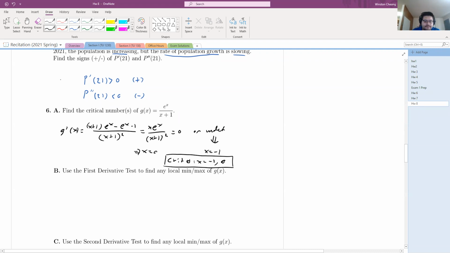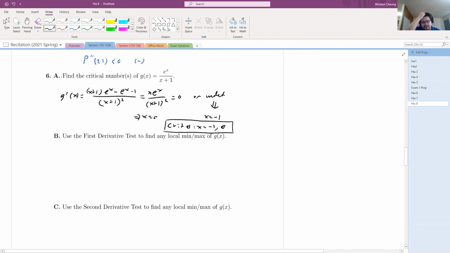All right. Now use the first derivative test to find any local mins or maxes. Okay, so for the first derivative test, we need a sign chart to visually see how the signs are changing.